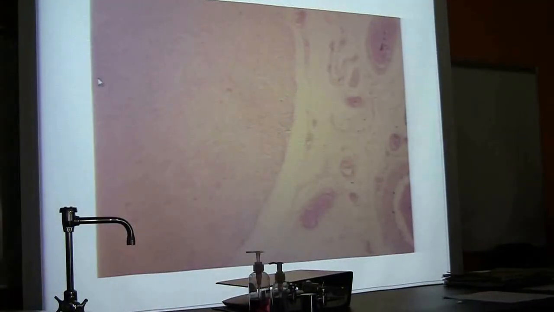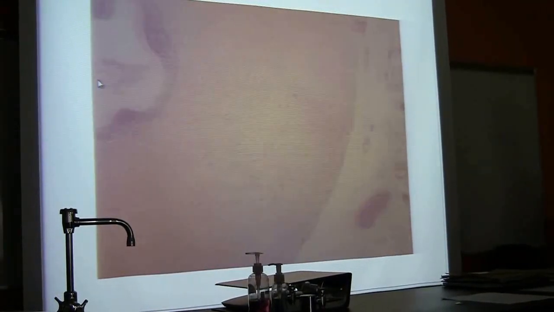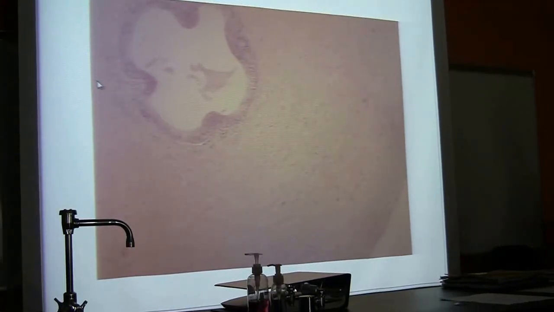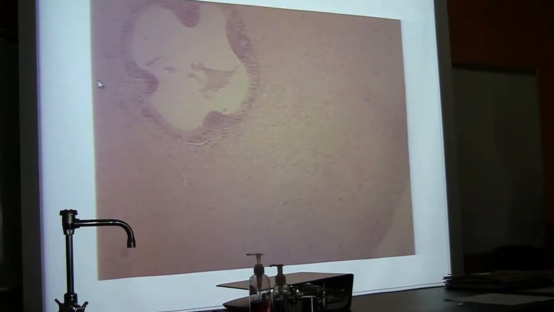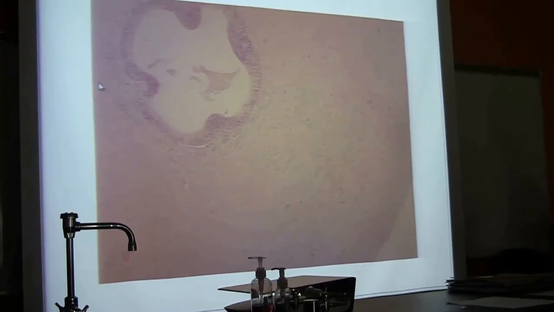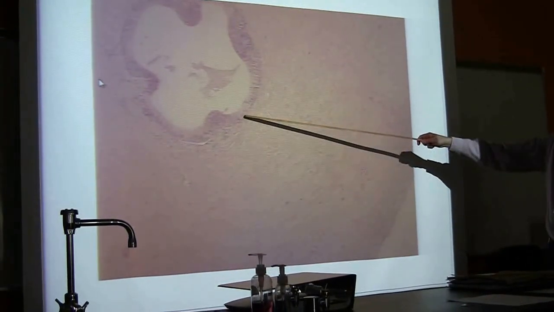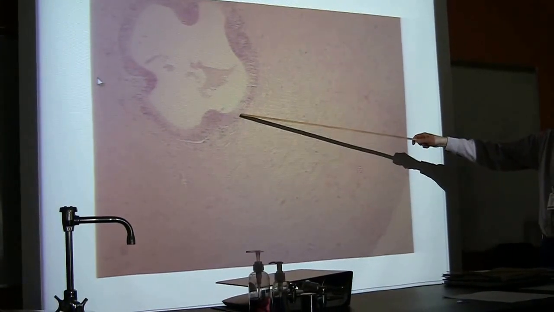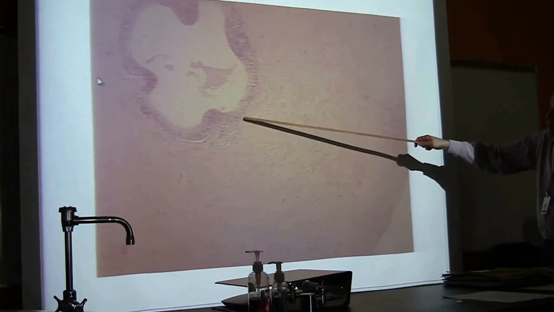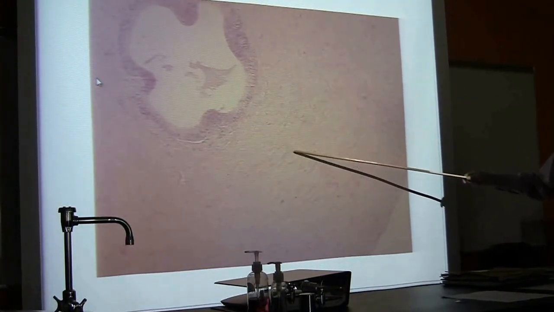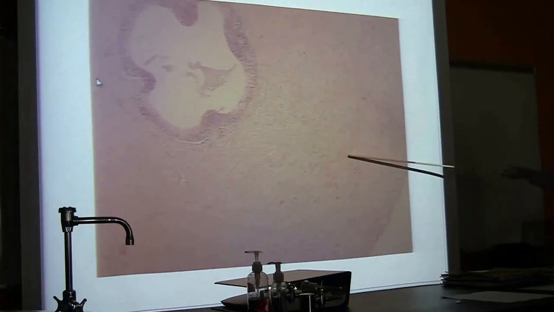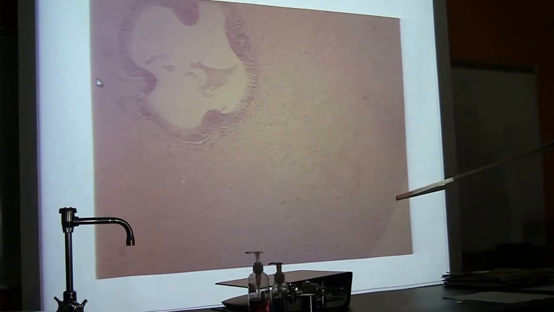You can see it perhaps a little better even with lower magnification. You can see it much better when you look at it through the microscope. Here again is the epithelium, pseudostratified columnar. Here's a little bit of the lamina propria. That's the longitudinal muscle layer, that's the circular muscle layer, and that's the longitudinal muscle layer.